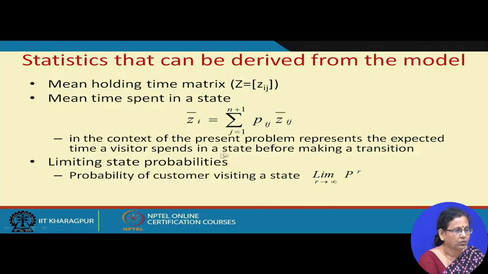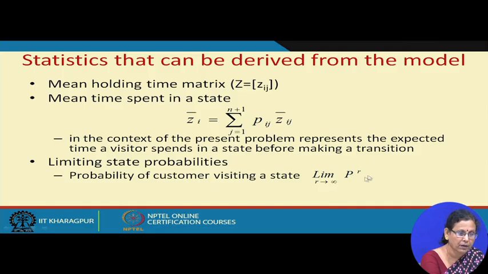Now, this is how much mean time a typical visitor spends on a particular state i. Now, we have another statistic called limiting state probability, which is the probability that a customer will visit a specific state. So, this will be calculated by raising this transition probability matrix to some very large value.